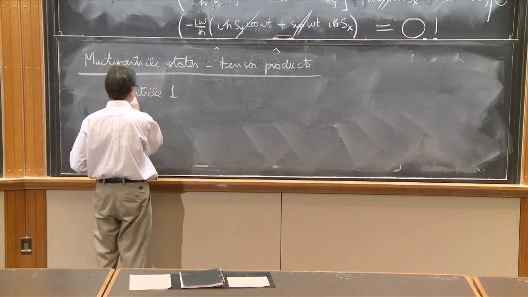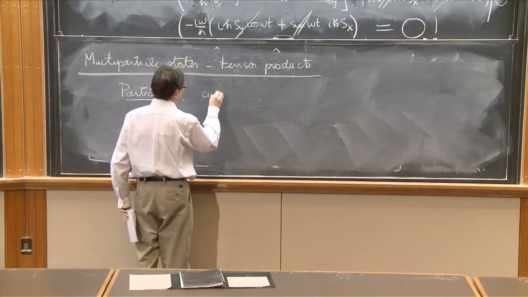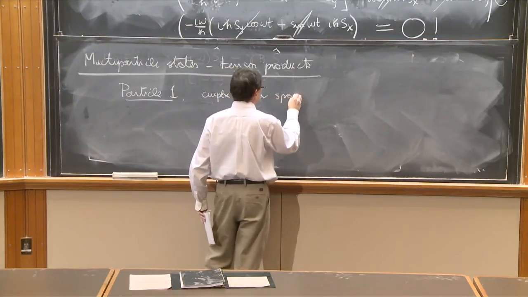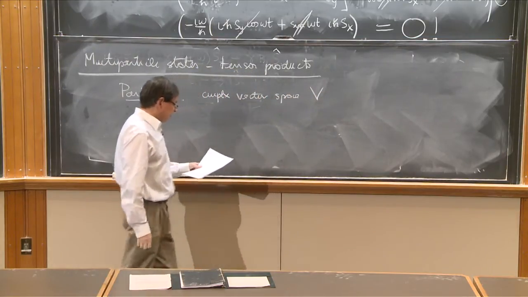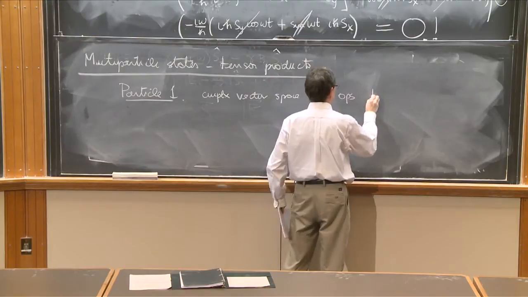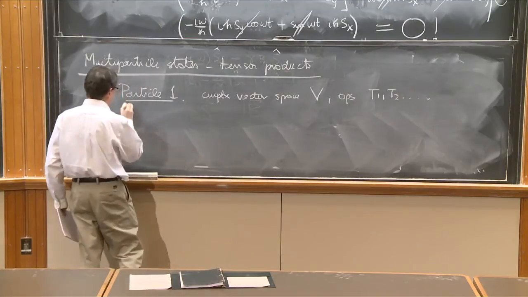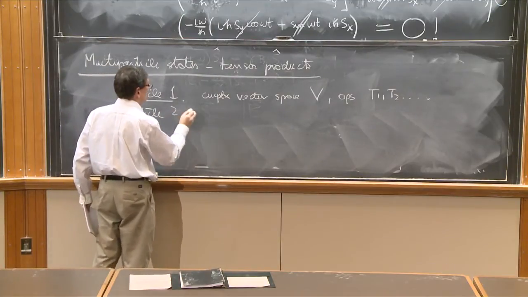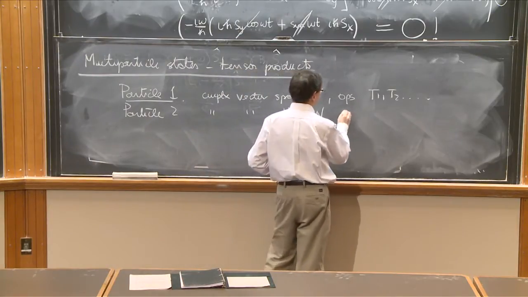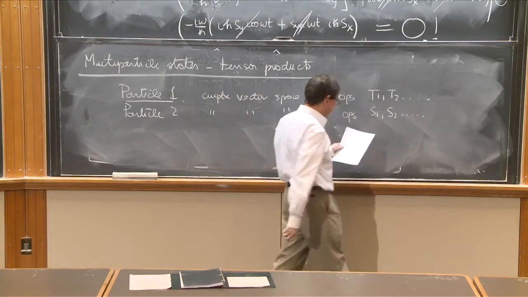In fact, particle 1, its quantum mechanics is described by a complex vector space V, and you have some operators T1, T2, T3. Particle 2, complex vector space W, and operators S1, S2, all that.